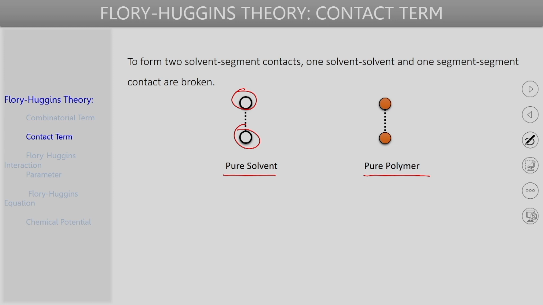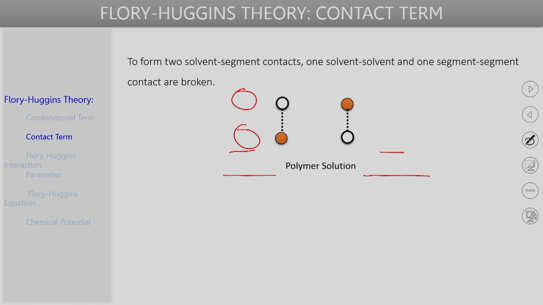Initially, in the pure species, in the solvent we will have solvent interactions only, and in the pure polymer we will have only segment interactions. Now, let us say we are focusing on one solvent interaction here and one polymer segment interaction here. Now, let us say when we mix the two, atom positions get rearranged and we get a situation like this.